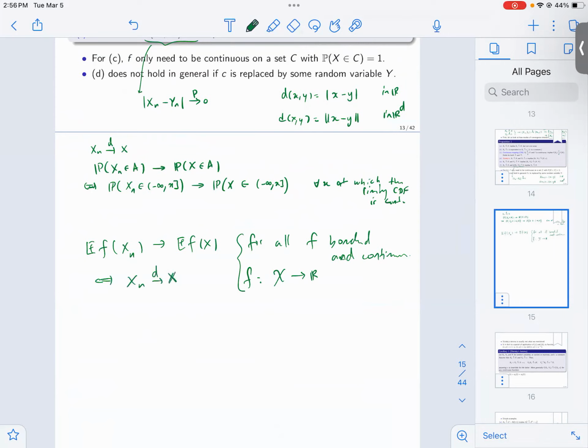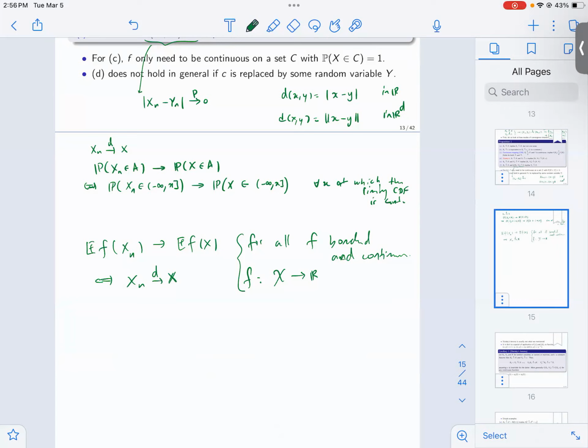This idea is very powerful. Instead of looking at measures, you can see what they do to functions, how they integrate functions. As I vary the functions over a large function class, we can characterize the measures.